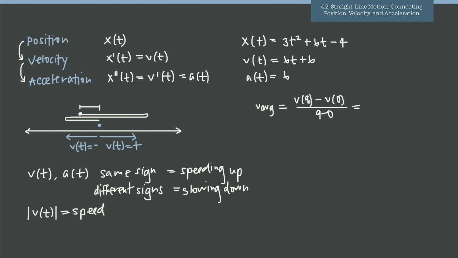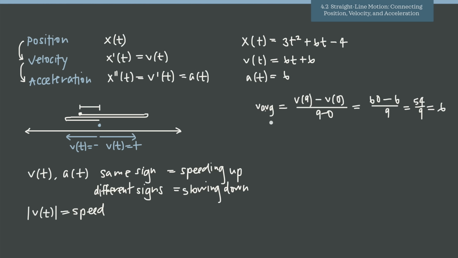We plug 9 into the velocity function. We get 6 times 9 is 54, 54 plus 6 is 60. So we get 60 minus plugging 0 into the velocity function gives 6. So we get 6 here, and then 9. So we get 54 over 9, or 6. So average velocity between t equals 0 and t equals 9 is 6.